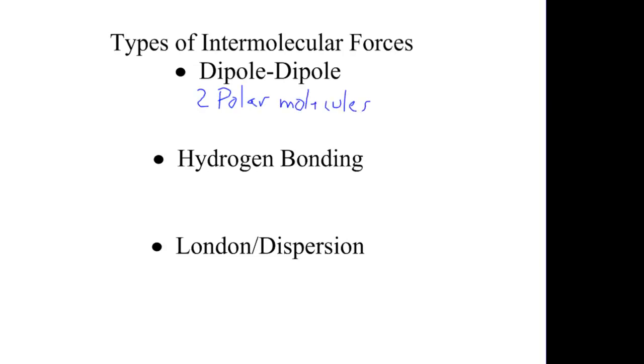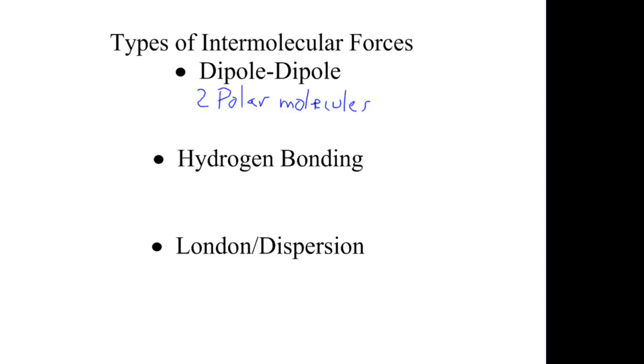To figure out if something is a polar molecule, remember that we need to look at the structure of that molecule, figure out if it has polar covalent bonds, assign the dipoles, the partially positive and partially negative charges, think about the shape of the molecule, and if it has a positive and negative side to the molecule, then we will refer to it as a polar molecule.